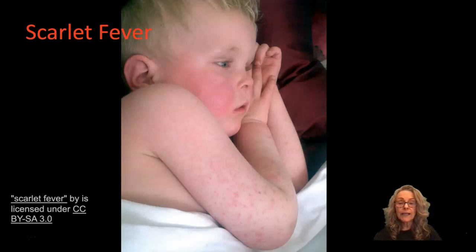This results in a distinct red rash in the throat, the mouth, and the skin. This is a rare disease in modern times. Most Streptococcus pyogenes do not produce an erythrogenic toxin. It is now treatable with antibiotics.